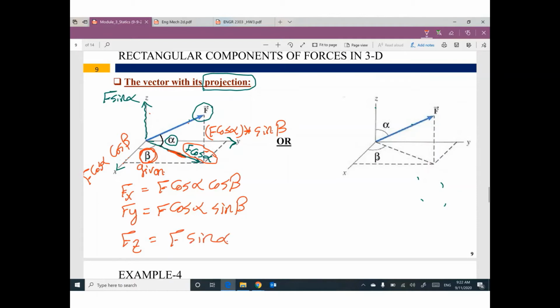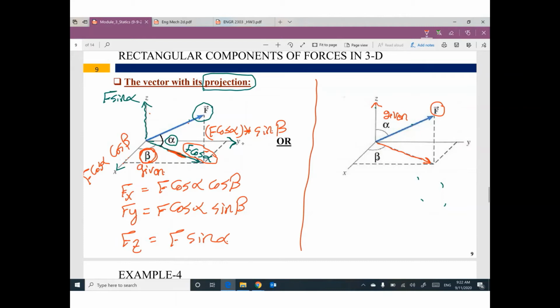Sometimes we have a different arrangement like this, but the same steps. First step, we need to break this force between the projection line and the axis. Tell me, please, which angle is given? This angle is given. So which component will be cosine? The adjacent component will be cosine.